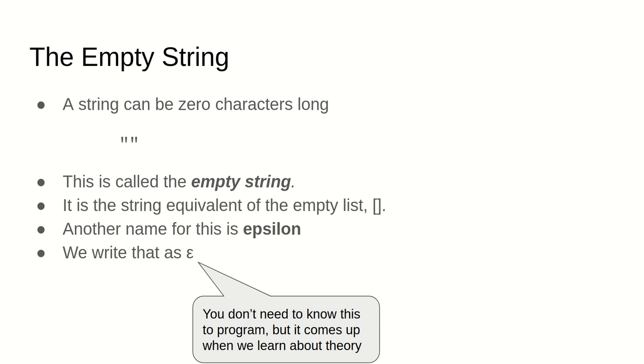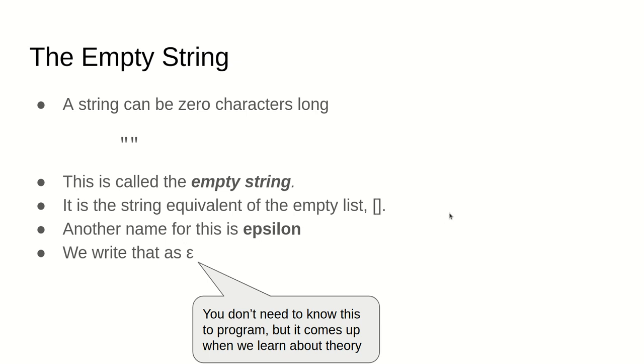It's worth noting, so that you're aware of it for later points when you might encounter it in theory classes or in later programming classes, that this is often symbolized as epsilon. And that can be written in English, the English word epsilon for the Greek letter, and therefore you can also represent it as the Greek letter epsilon.